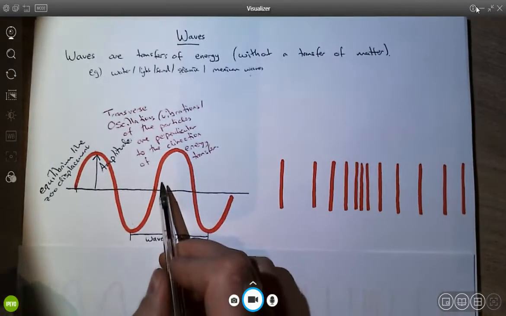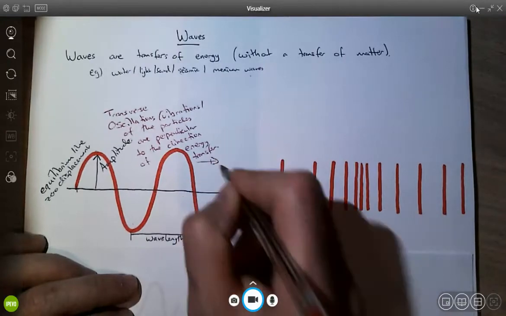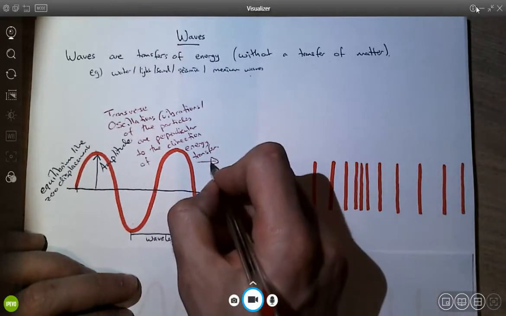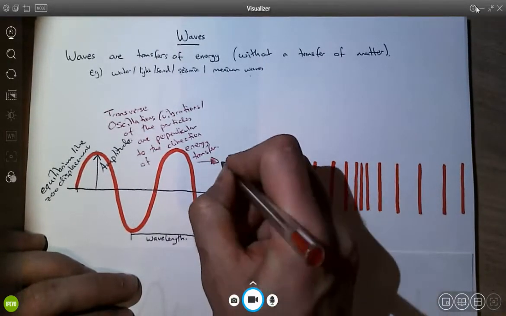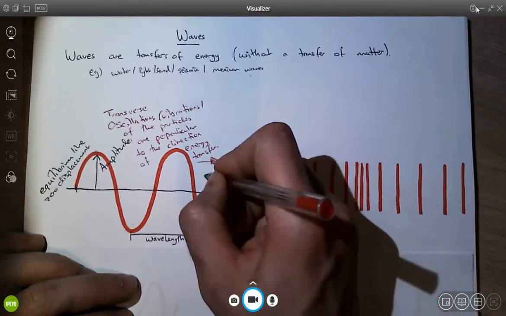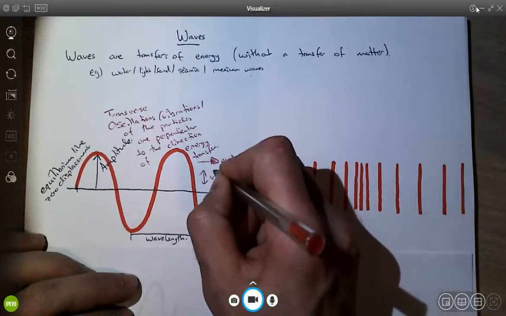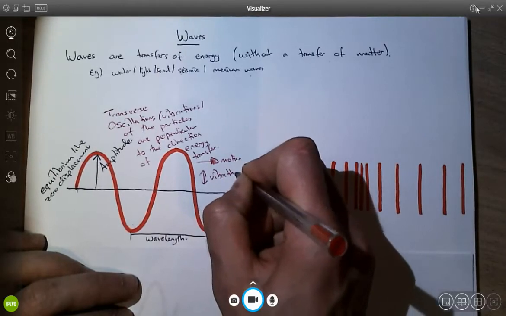So this wave here is going perhaps left to right, or it could be going right to left, but which way are the particles vibrating? The particles are vibrating up and down.